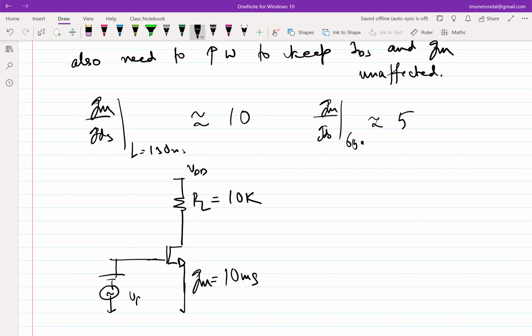You have biased VDD in such a way that the transistor is in saturation. And we observe V0 over Vi is approximately minus 20. What am I expecting?